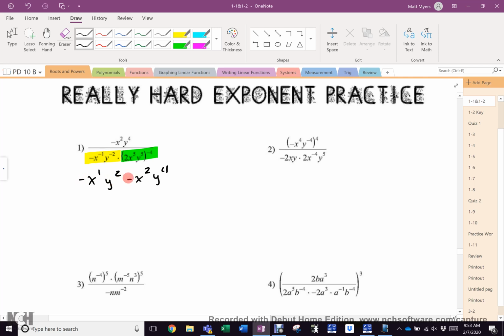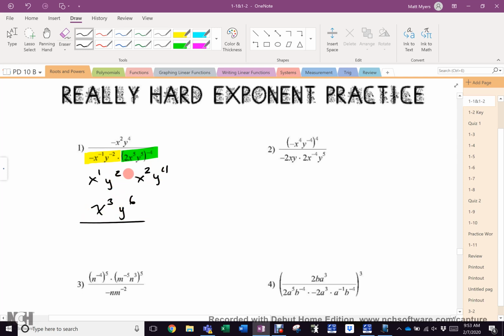Positive 1. So the negatives are taken care of, yes? Now, x to the 1, x squared. What's that? X cubed, yeah? And y squared and y to the 4th is y to the 6th.